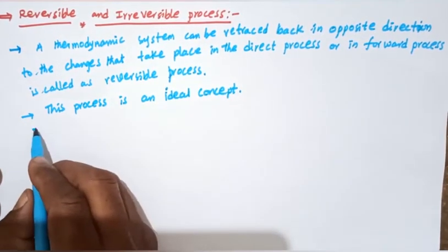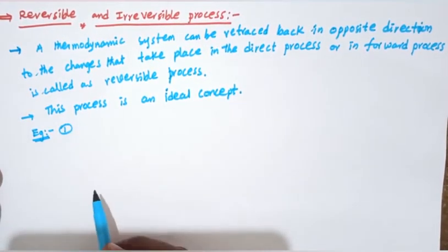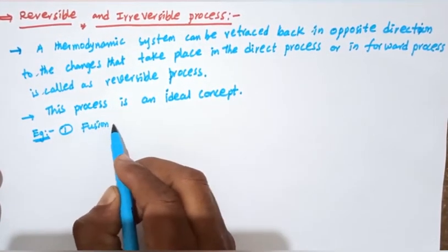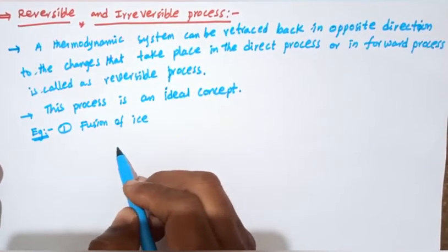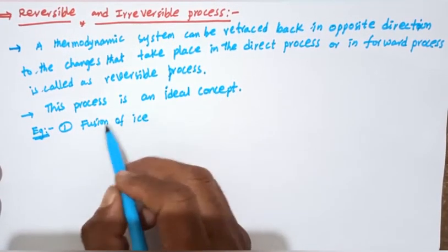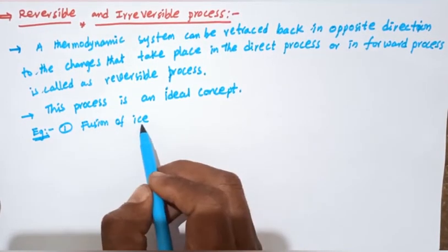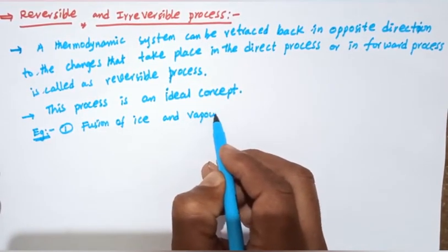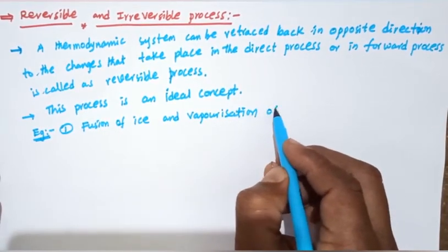For example, the first one is the fusion of ice. When heat is added to ice, it is converted to water, and when it cools down, it is converted back to ice. Another is the vaporization of water.